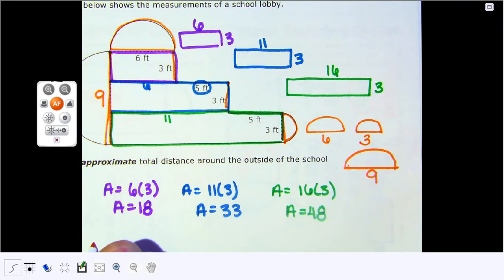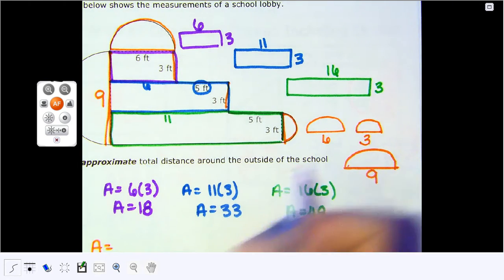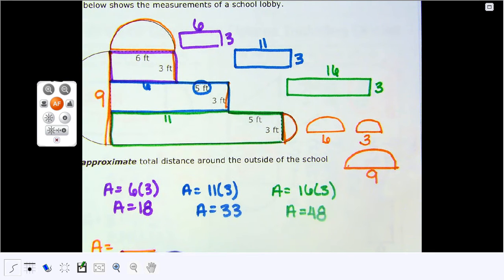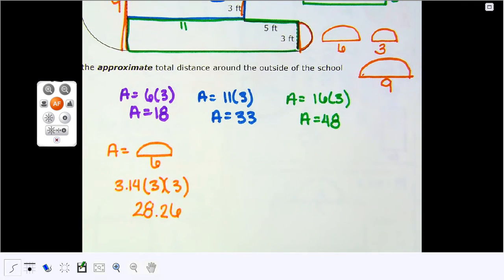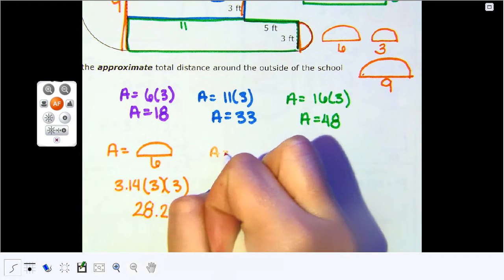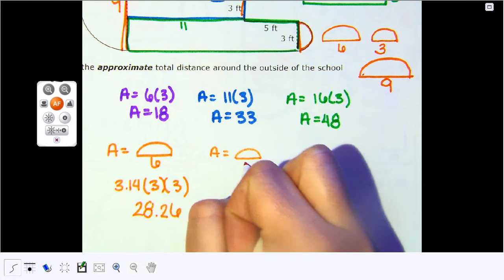Okay, and then the next one, we need to find the area of the semicircle. That has the diameter of 6, so 3.14 times 3 times 3, because it calls for the radius. So 28.26. Okay, now we're going to find the area that had the diameter of 3.